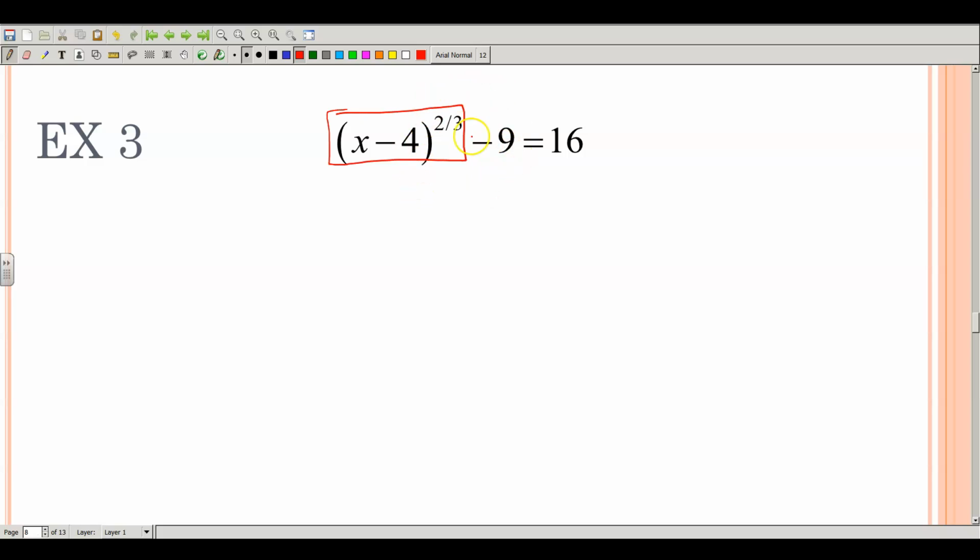And so for this one, we're going to add 9 to both sides. That would give us (x - 4)^(2/3) = 25. And as we just did, if I want to get rid of that exponent, I'm going to raise it to the reciprocal.